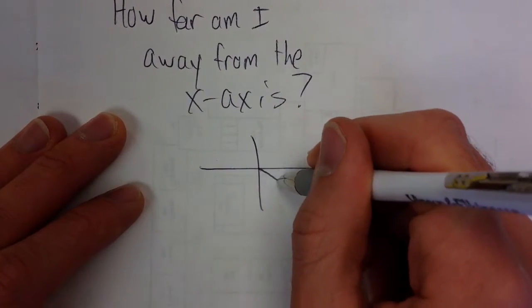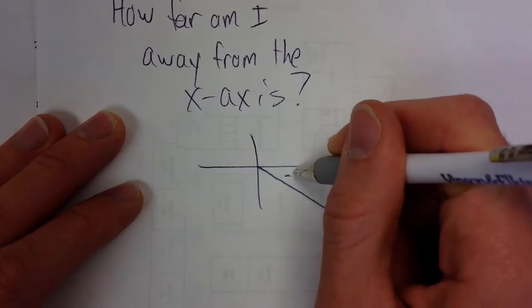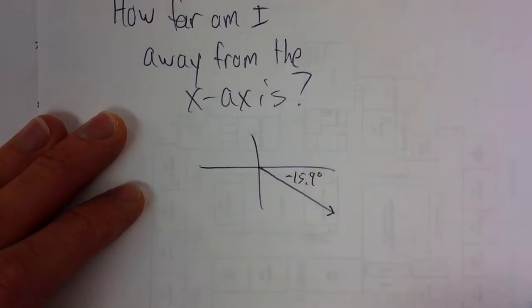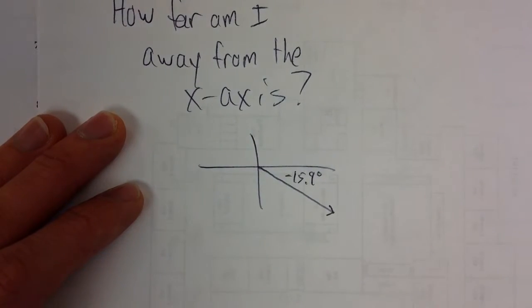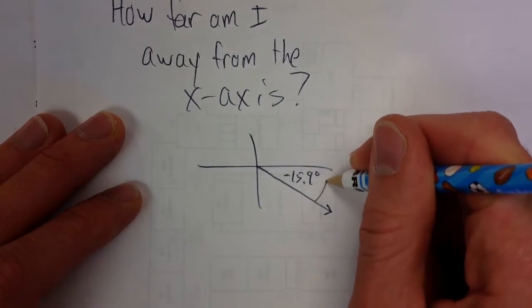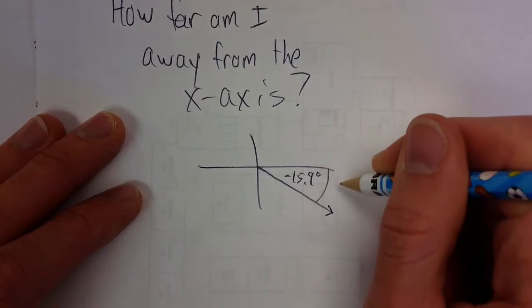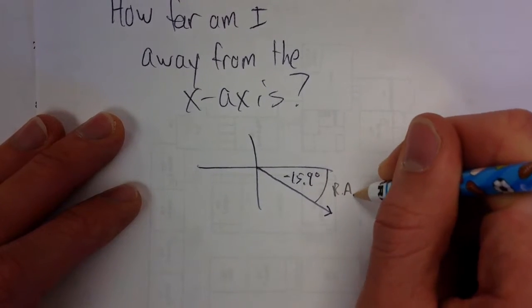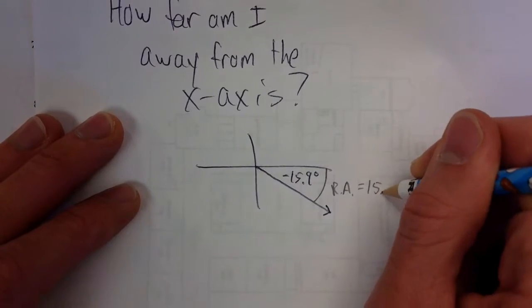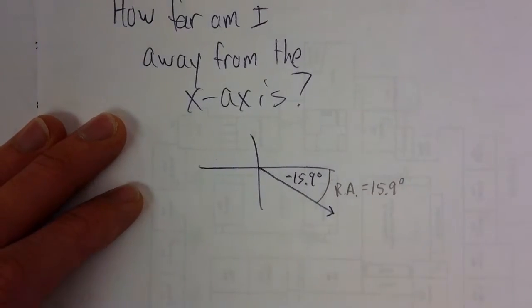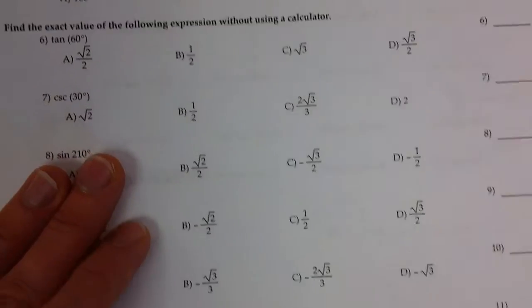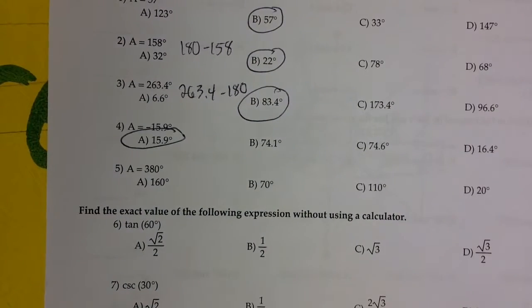Negative 15.9 degrees is here. Reference angles, though, are always positive, and with respect to the x-axis. So the reference angle is just positive because you're 15.9 degrees away from the x-axis. Absolute value, you got it, my man.